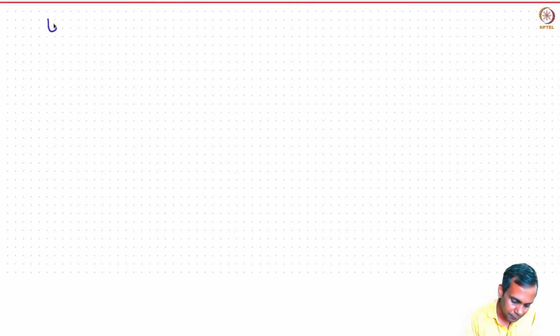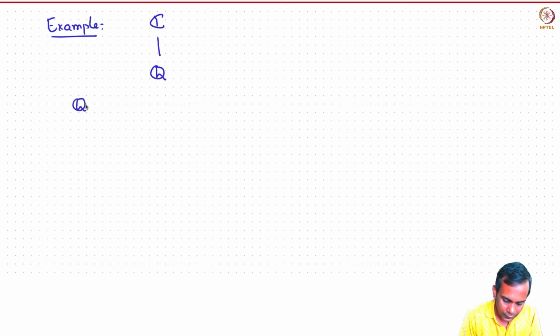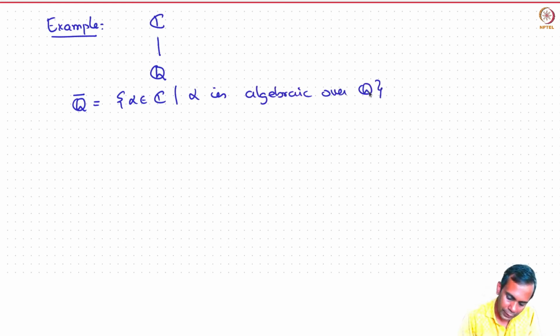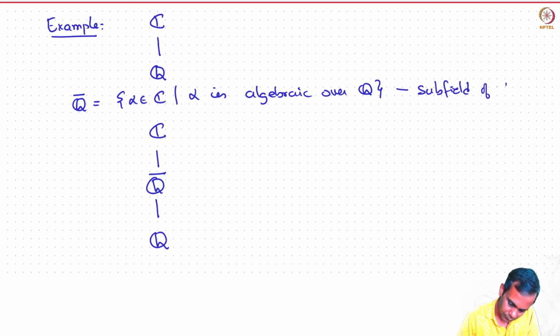Nice example of this. You take the complex numbers over Q, and we define Q bar to be the set of alpha in C such that alpha is algebraic over Q. So we get this extension C over Q bar, which lies over Q, and this is a subfield of C. This set of algebraic numbers is actually countable, as we had discussed long ago.